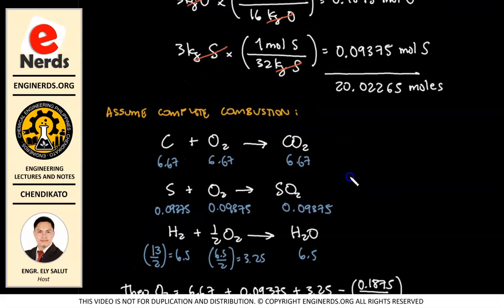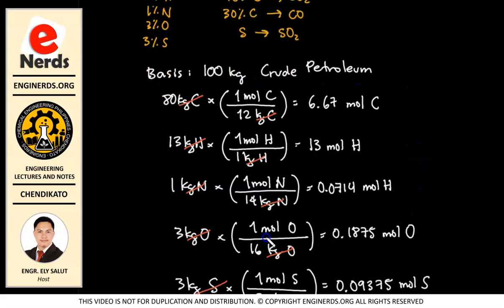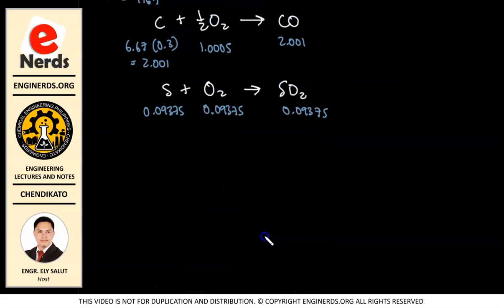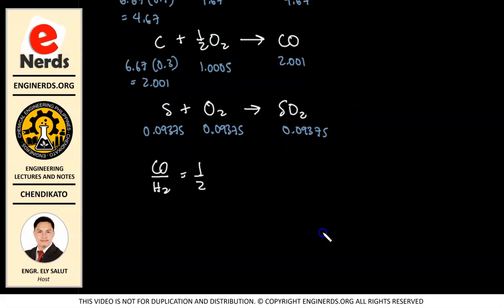However, we are given that the ratio of CO to H2 in the exhaust is 1/2. So let us consider that. Our ratio of CO over H2 is equal to 1/2, and we already know how much actual CO we have, which is 2.001.